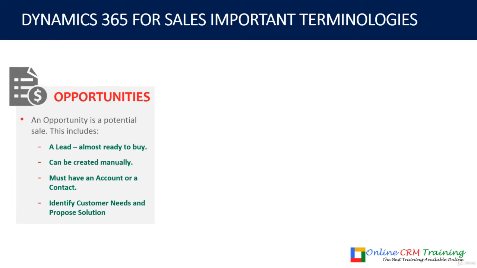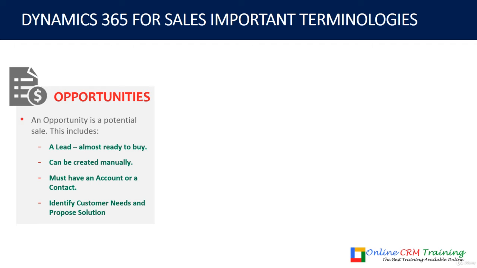The next terminology is an opportunity. So an opportunity is a potential sale where the lead is a prospect. So you may exchange like 100 business cards in an event, but out of which only 7, 10 or maybe 15 people are really interested in your service, right? So those we will qualify as opportunities. So opportunity is a potential sale and it includes a lead that is almost ready to buy.